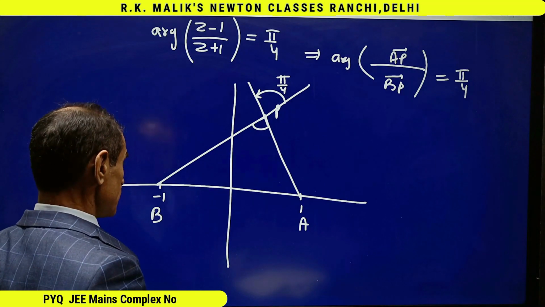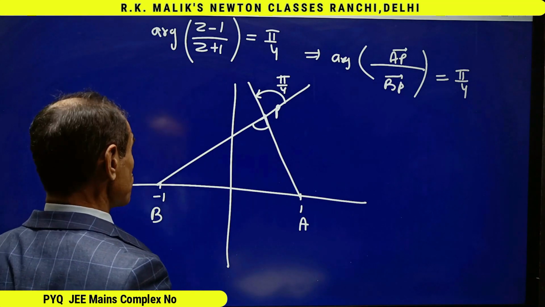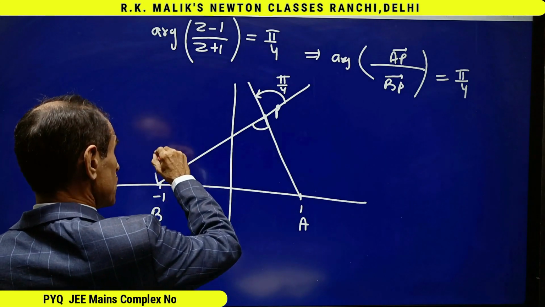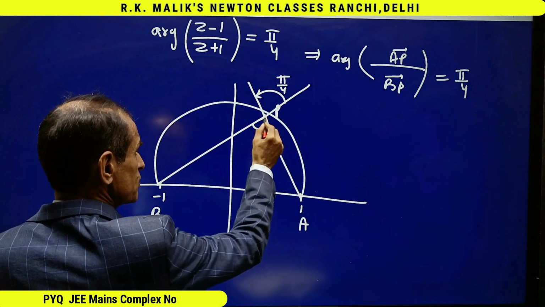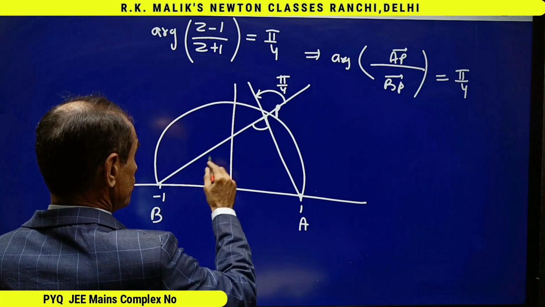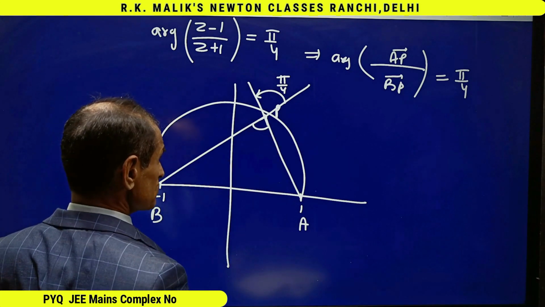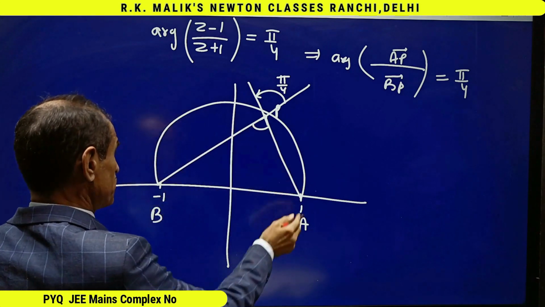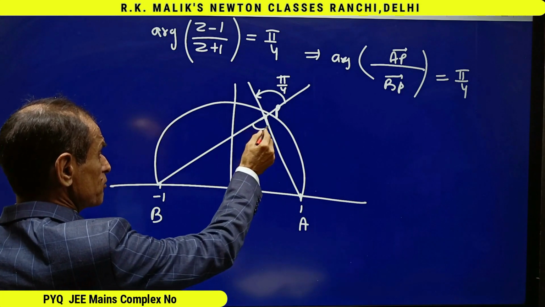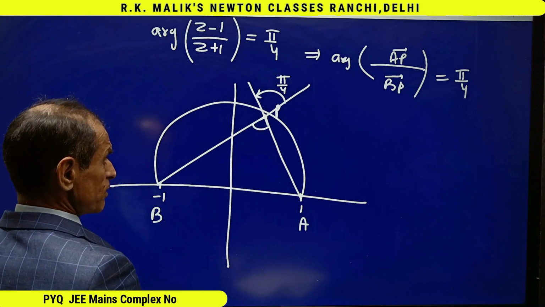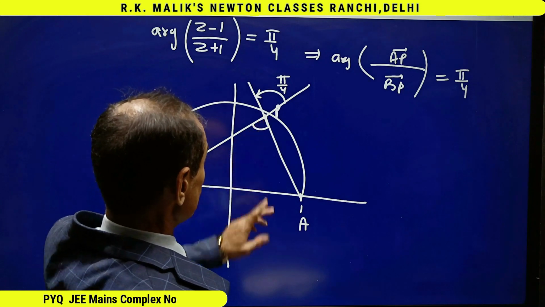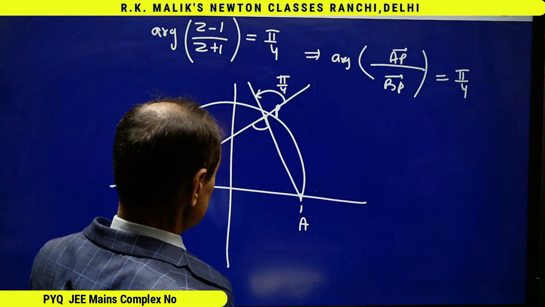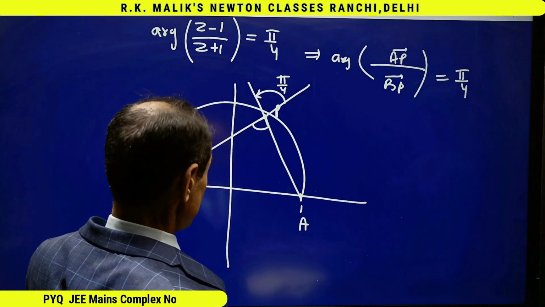And now if the angle is constant between BP and AP, it means it is sure that the locus of the point P will be a circle, but it will not be a complete circle, it will be this circle where the angle in this segment is pi by 4. It is not a semicircle. Angle in this segment is pi by 4. And because the angle is constant, the locus of the point P will be a part of a circle.